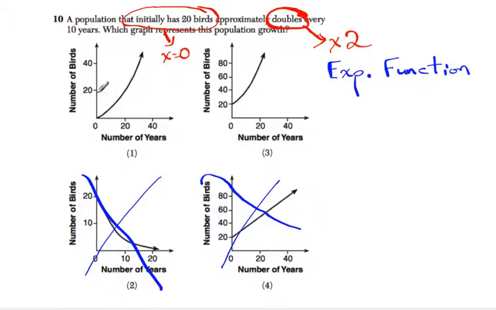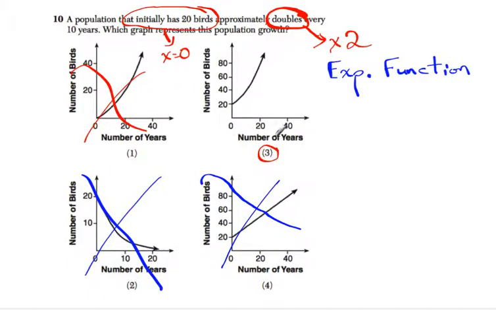So between these two choices, in choice 1 we have a y-intercept of 0, which doesn't make much sense, saying that there were 0 birds and then all of a sudden you have, obviously you have to have some starting value. So choice 1's out, and that leaves us with the correct answer of choice 3.